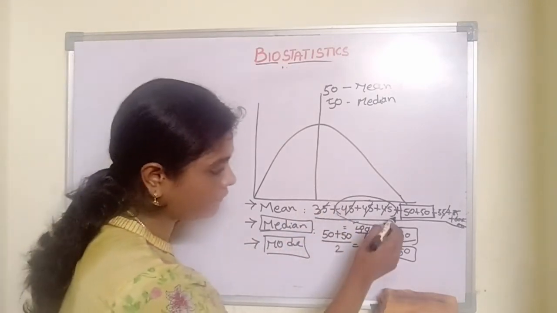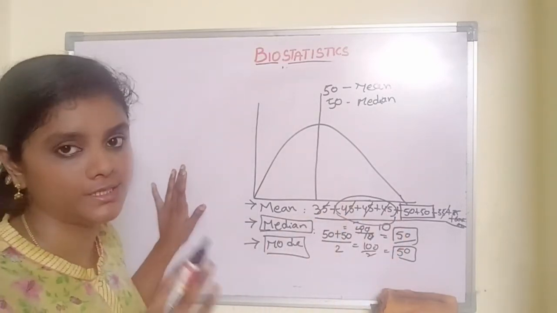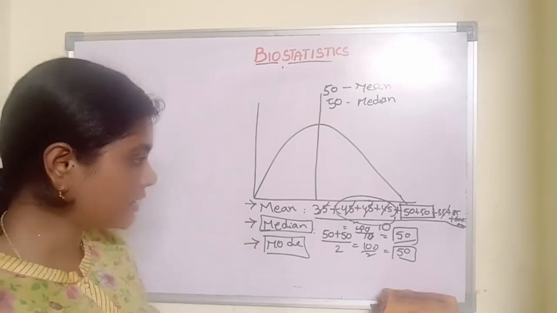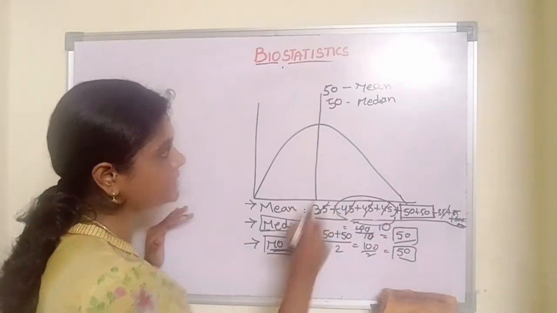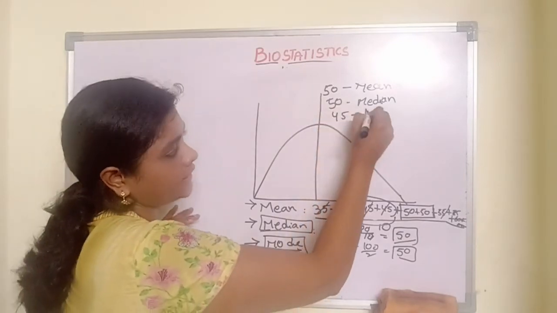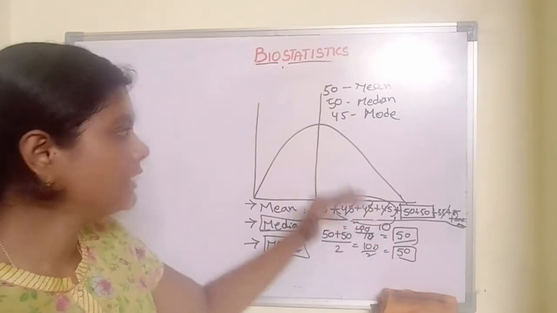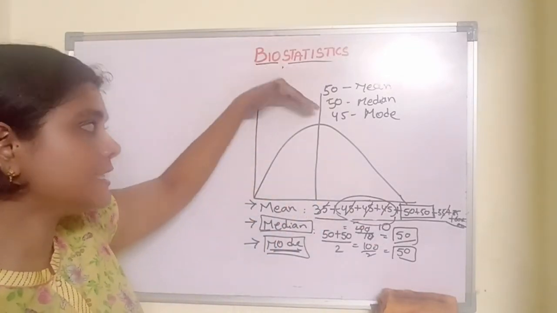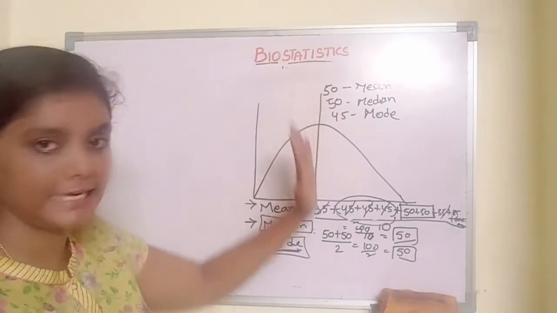That is 45. 45 marks were achieved by 3 students. So the frequency of occurrence of this particular mark is highest, and that is considered the mode. So 45 is the mode. So for this particular example, mean is 50, median is 50, and mode is 45. So this is the central tendency.